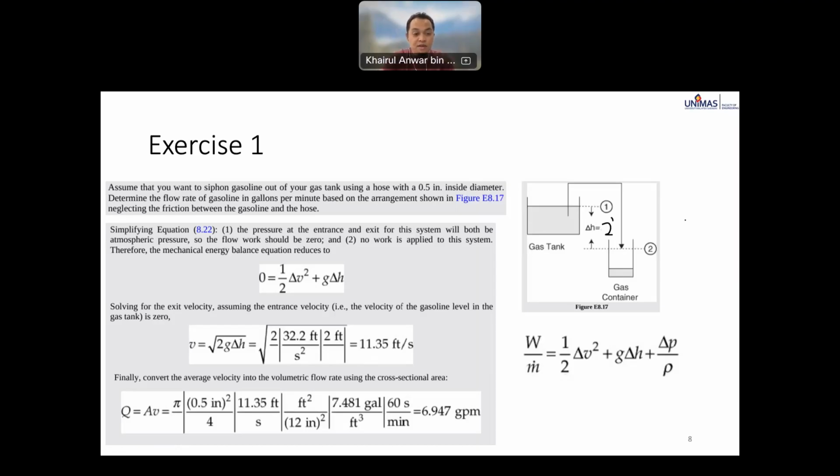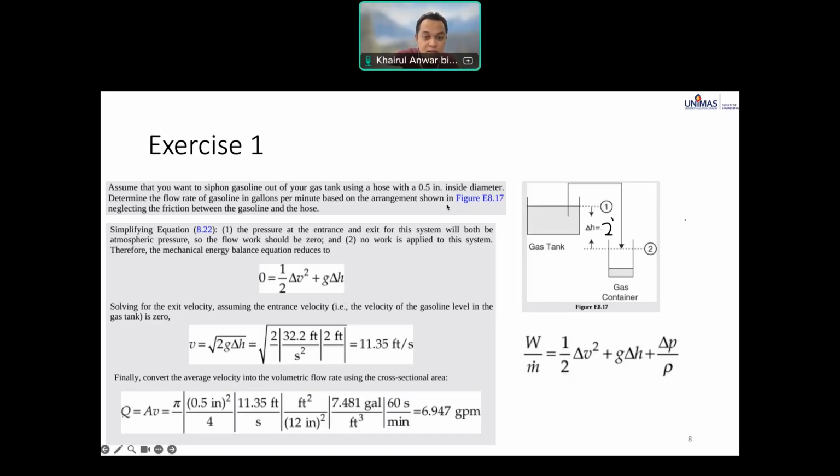So finally, convert the average velocity into the volumetric flow rate using the cross-sectional area. So Q equals A V. A here refers to the cross-sectional area of the pipe. The pipe inside diameter is 0.5 inch.